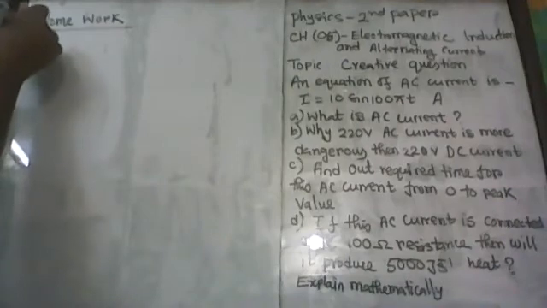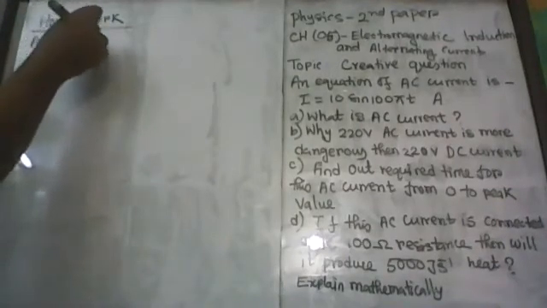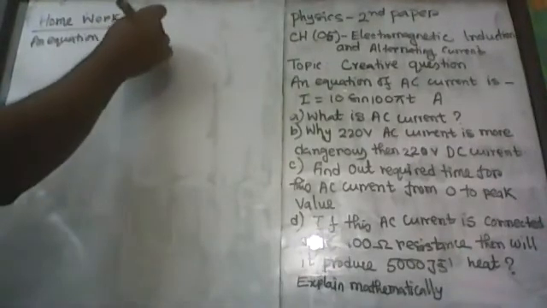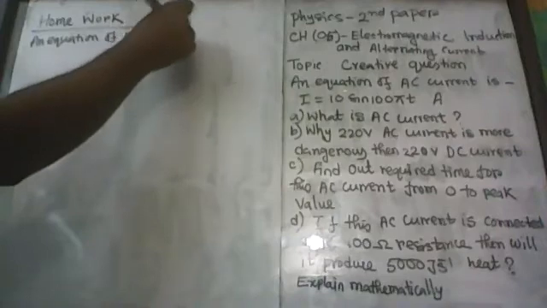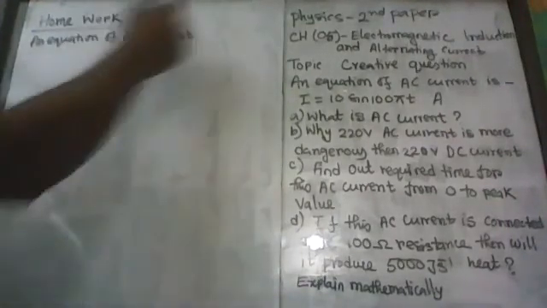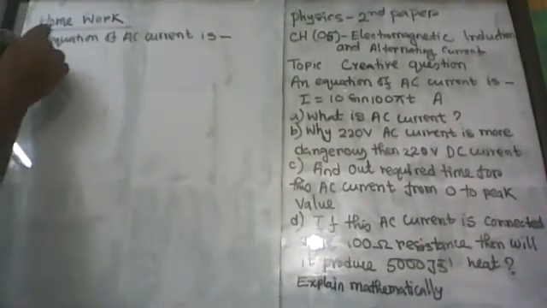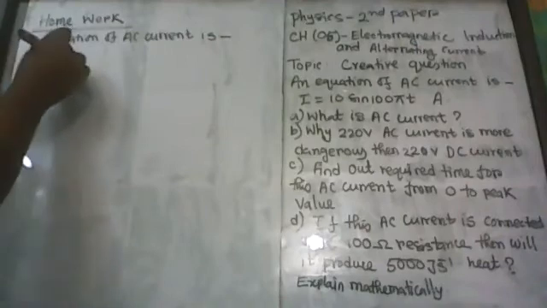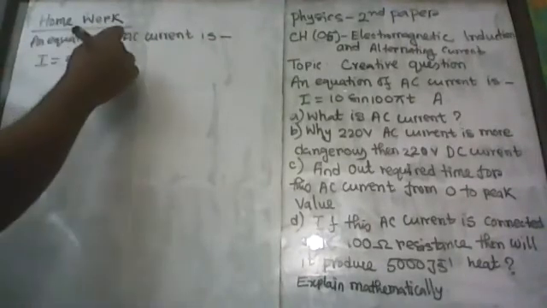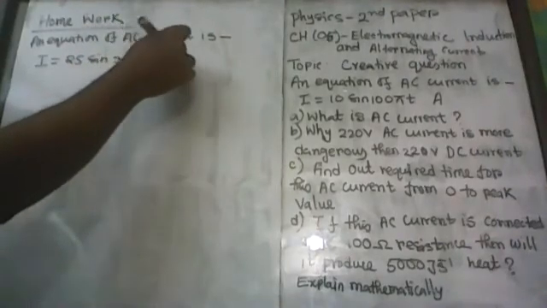An equation of AC current is given below. It is I equal to 25 sine 300 pi t ampere.